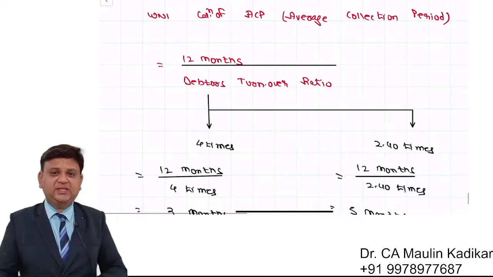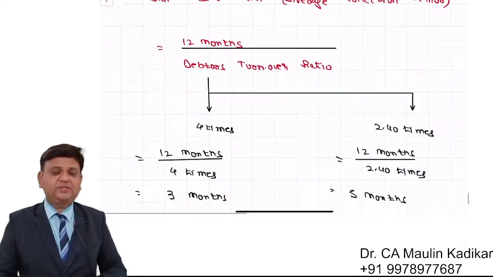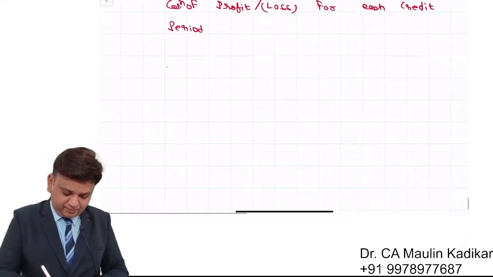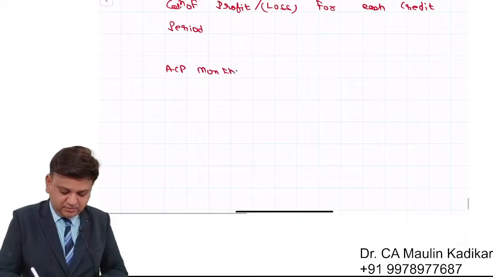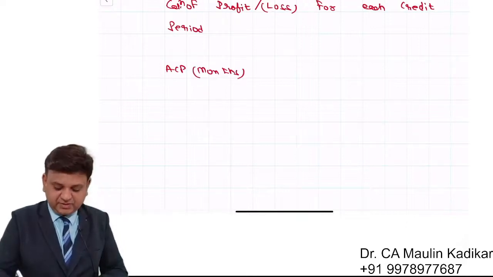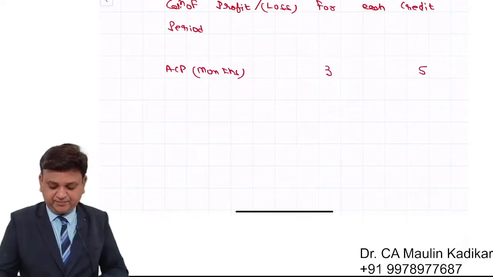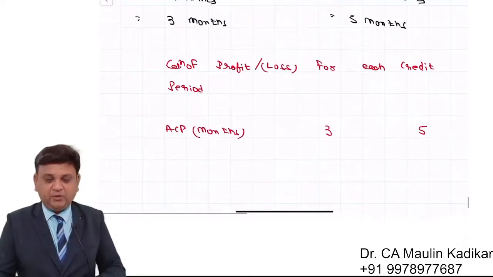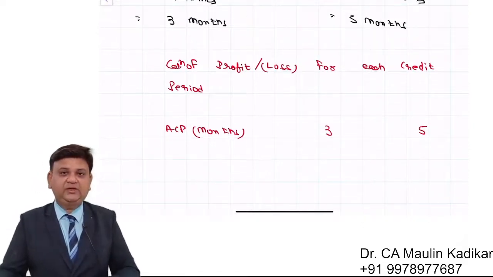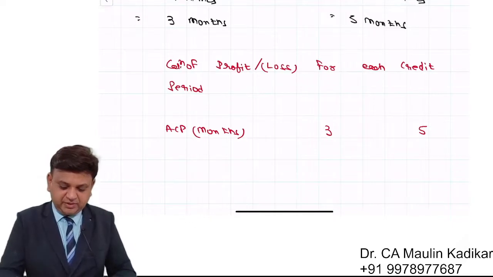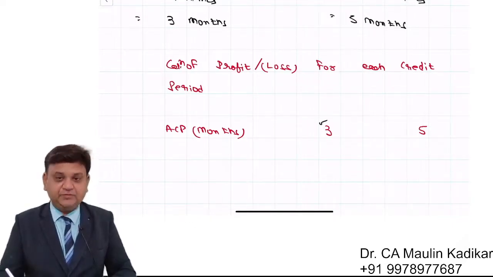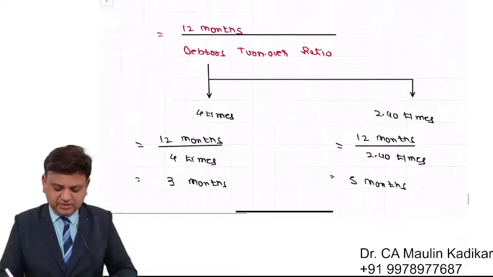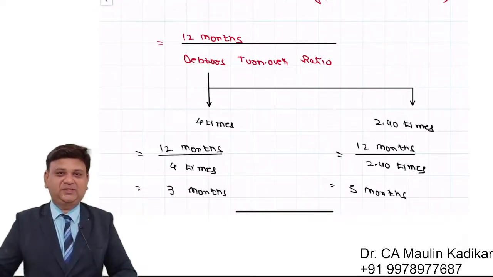One is 3 months and another is 5 months, and we are supposed to calculate the profit or loss in each of them. So the average collection period in terms of number of months is 3 and 5. I want you to make the calculation and write your answer in the chat box: what would be the profit or loss in case of 3 months. Don't do it for 5 months, only for the 3 months, and put your answer in the chat box.